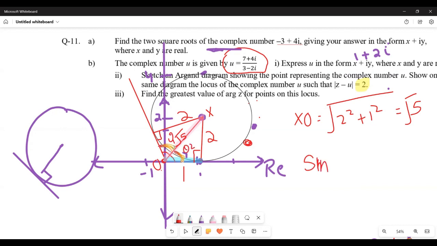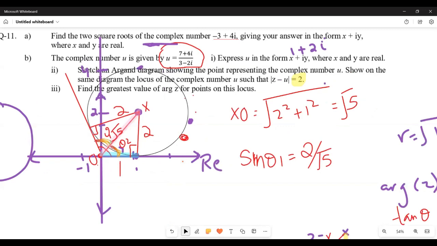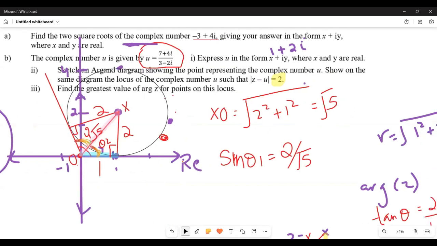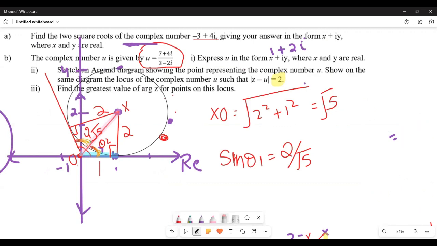So sine theta 1 is perpendicular upon hypotenuse. And for theta 2, I'm again going to use sine theta 2. Actually, they're both coming out to be the same. So sine theta 2 is the same as well, perpendicular over hypotenuse. So find this angle and then multiply it with 2.